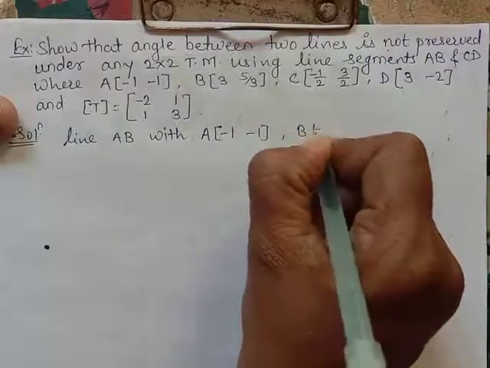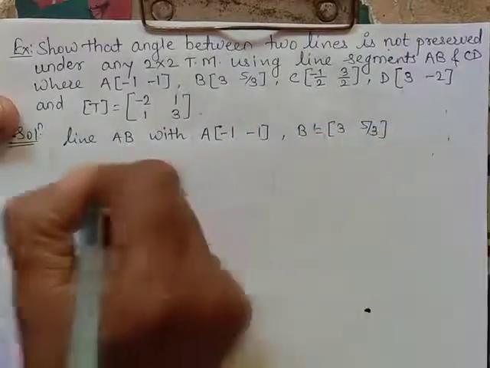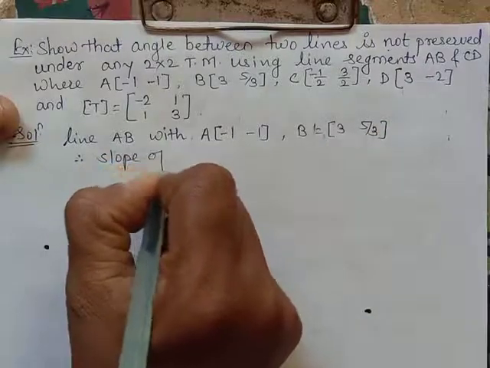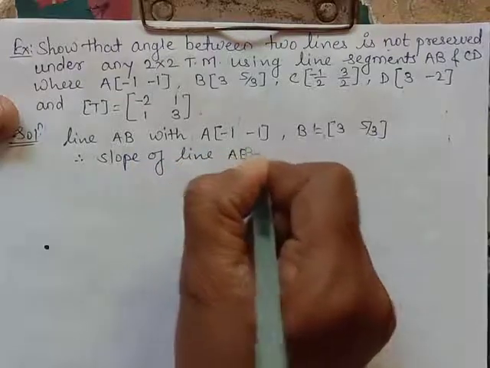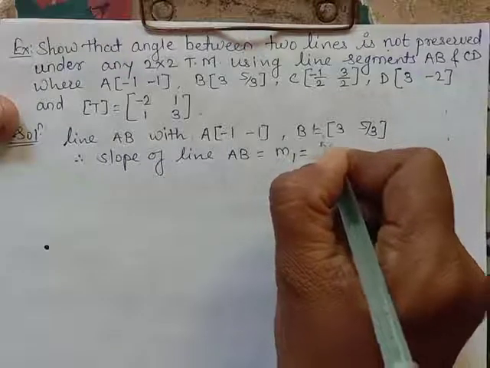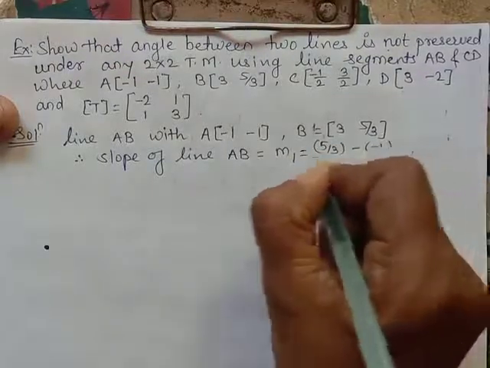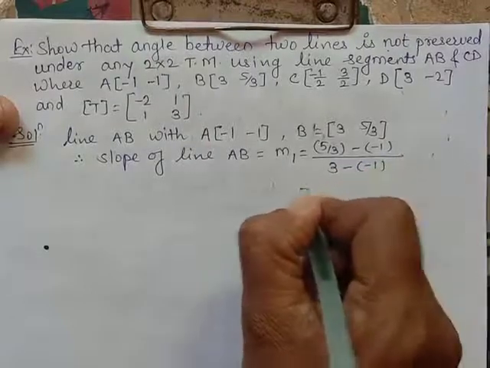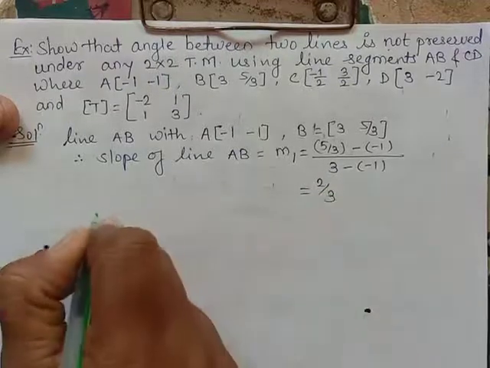B is 3, 5 by 3. Therefore, slope of line AB, let it be m1, it is 5 by 3 minus of -1 upon 3 minus of -1, and simplifying it, we get it is 2 by 3.